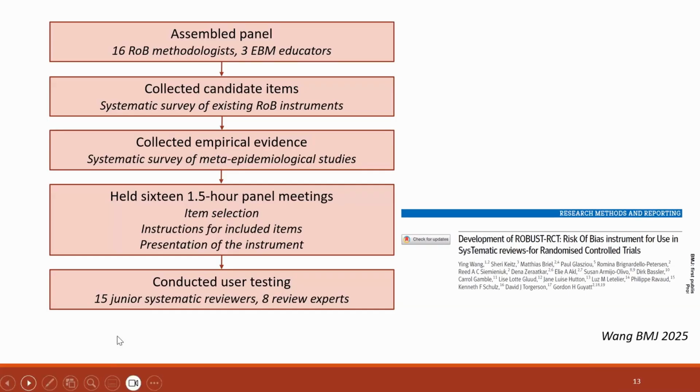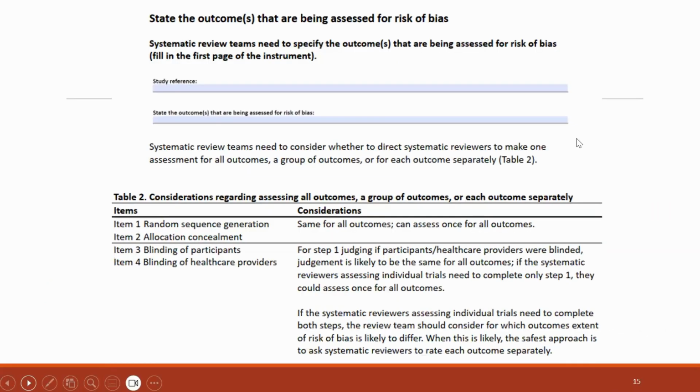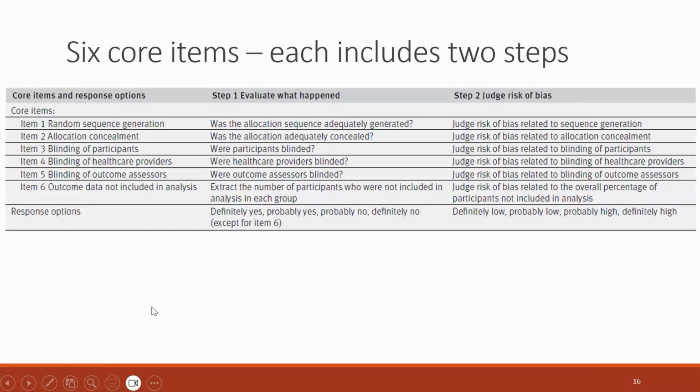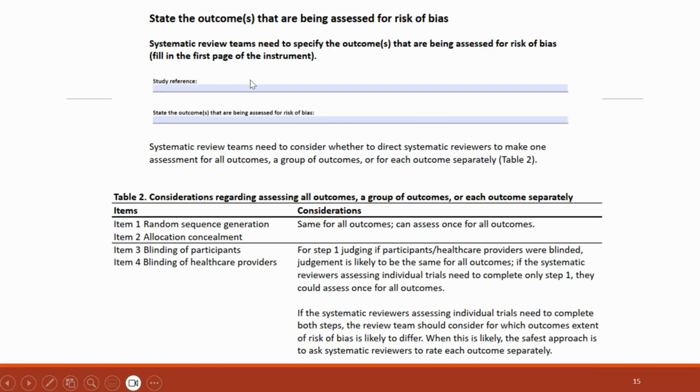And then we have basically 2 layouts at the moment. So there is a PDF available. So this is a screenshot here, just where you state then the outcome of an included trial, for example. And then it depends really on the items, whether you should do the risk of bias assessment only once for all outcomes.